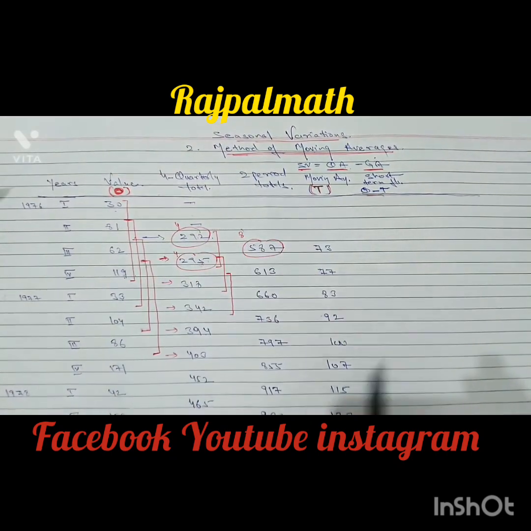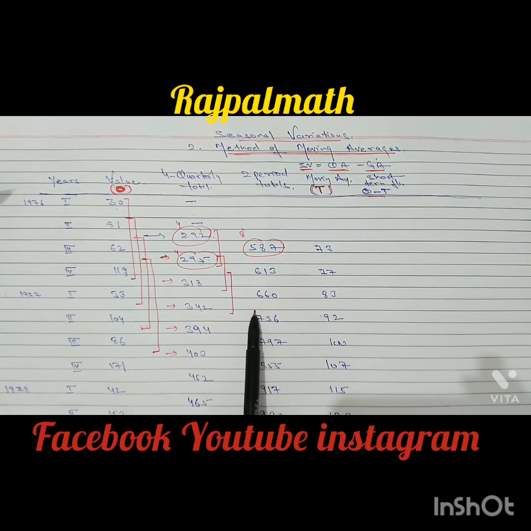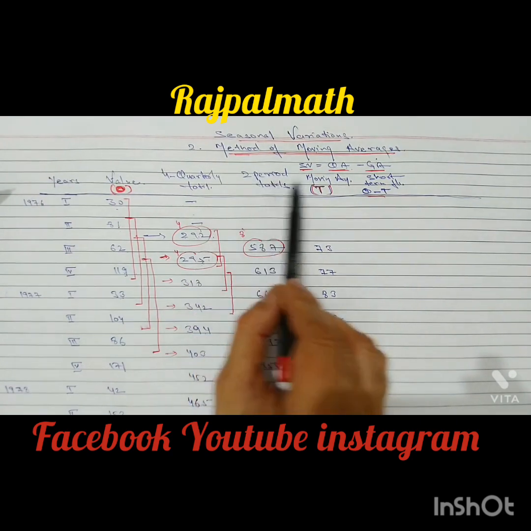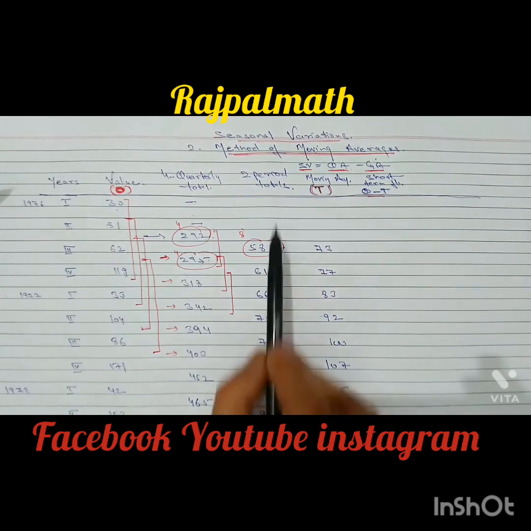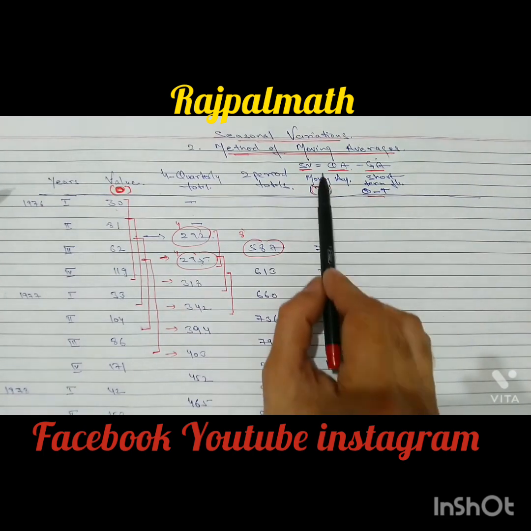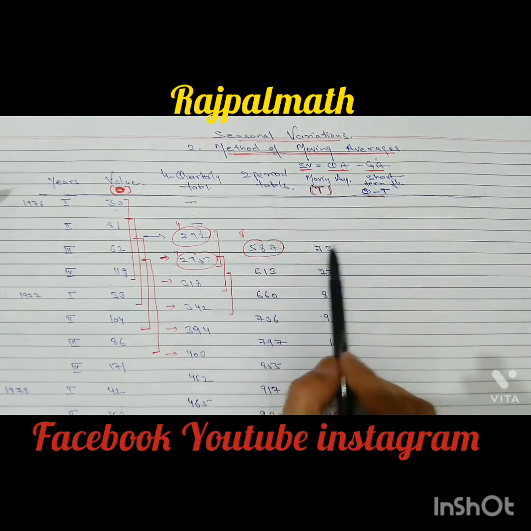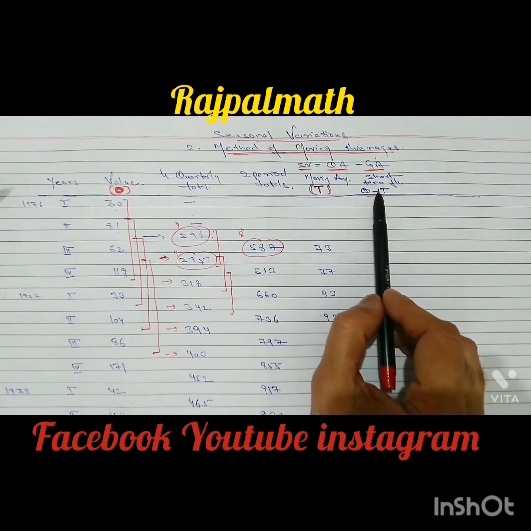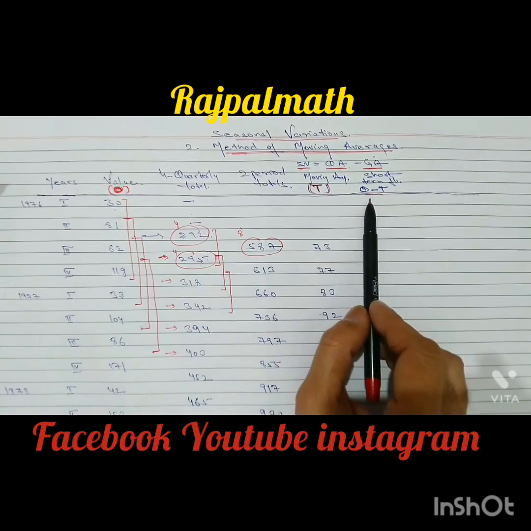These are formulation based sums, right? First calculate 4 quarterly total, then 2 period total, then moving average total, means 2 period total divided by 8, then O minus T. For method of moving averages, these are formulations.